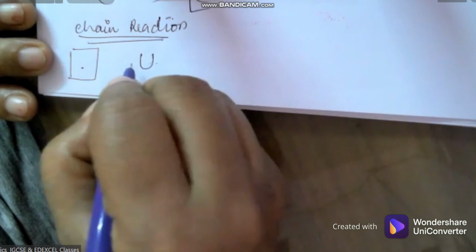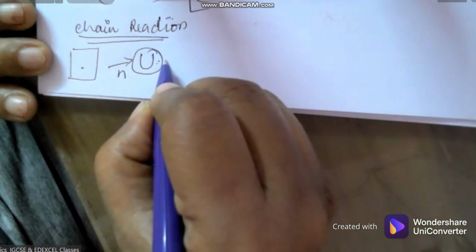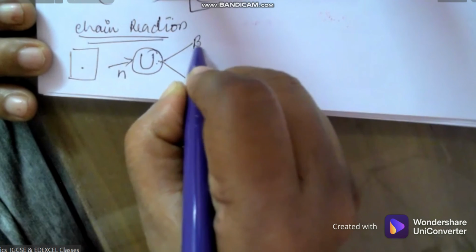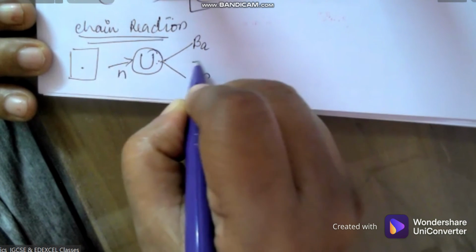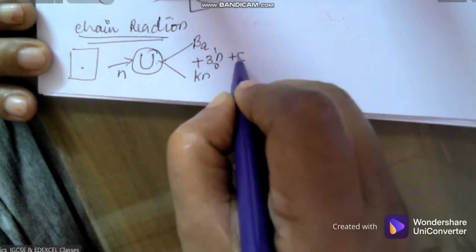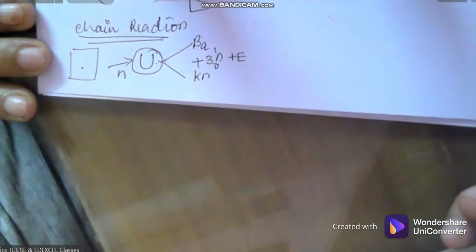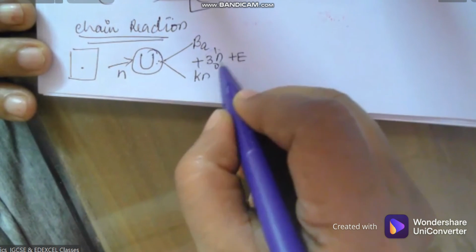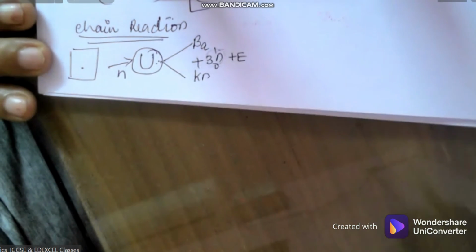What is chain reaction? Assume that you have got a nucleus or a sample of uranium. This is hit with a neutron. Then what happens? This one splits down to barium, krypton plus 3 neutrons plus lot of energy. Now, what do these 3 neutrons do? That is important.